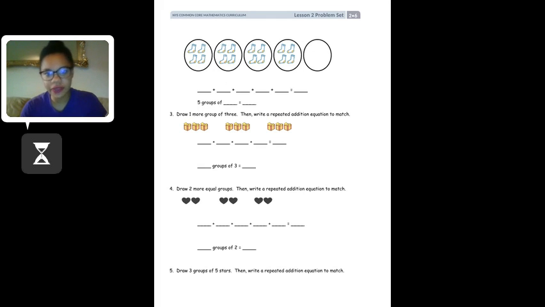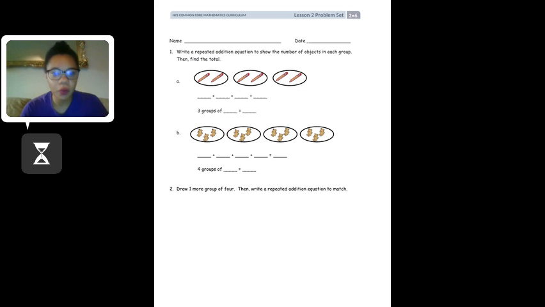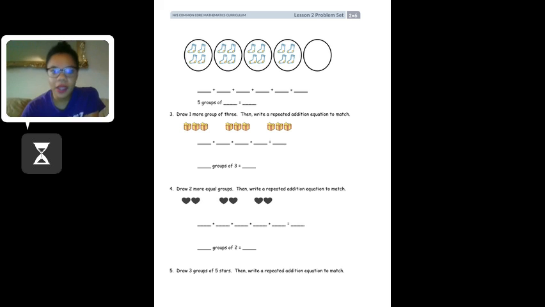And as you can see at the end, there's an empty space where we're going to have to draw that one more group of 4. And then we're going to write a repeated addition equation. So let's go over to the next page. Let me make sure that this stays up so you guys can see it.